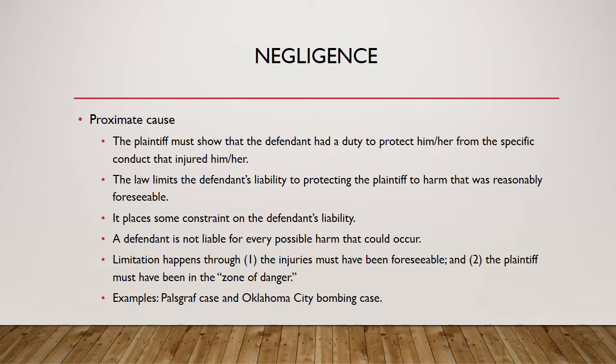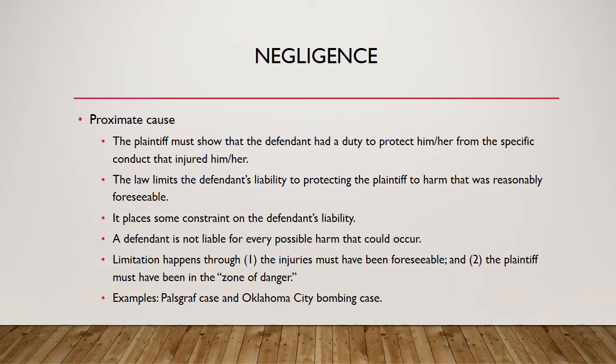The limit is that you only are liable for protecting the plaintiff from harm that was reasonably foreseeable. So it goes right back to what we've talked about. Everything is about this reasonable foreseeability. And so it places some sort of constraint or limit on the defendant's liability. The defendant's not liable for every possible harm that could have occurred.